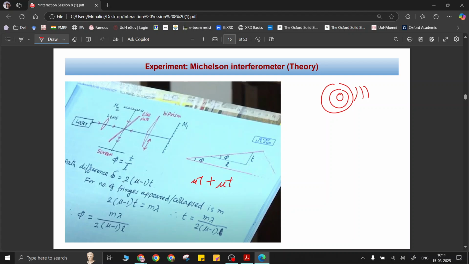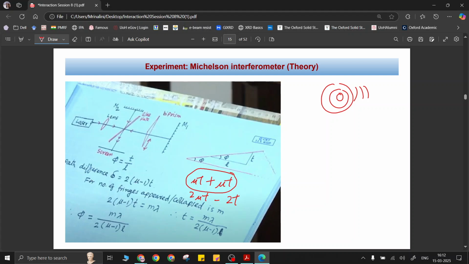This is the additional path it's covering. So the path difference will be 2 mu t minus 2t. Why? Because when it was not there, it was covering this whole distance. Now out of all that distance, 2t is not there, 2 mu t is there. That's why the path difference becomes 2 mu t minus 2t, and when we take 2t common, we get 2t multiplied by (mu minus 1).